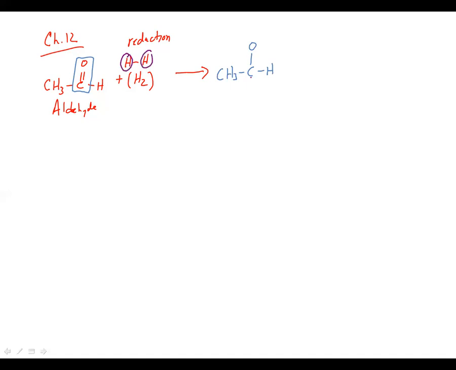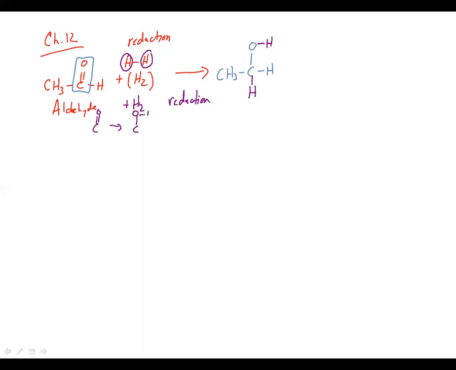So one hydrogen will end up over here at the oxygen, and one will end up over here at the carbon. So if you take an aldehyde and you add H2 to it, which again is a reduction reaction, it's the opposite reaction of that oxidation reaction that we talked about. Basically, our carbon-oxygen double bond becomes a single bond, and we add an H to one and an H to the other.